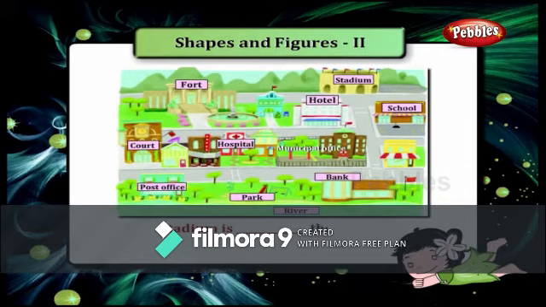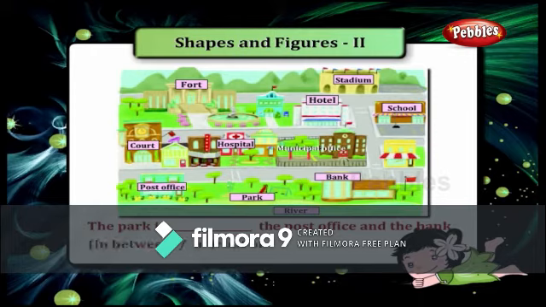Stadium is dash the school, adjacent or behind. Stadium is behind the school. The park is dash the post office and the bank, in between or in front of. The park is in between the post office and the bank.